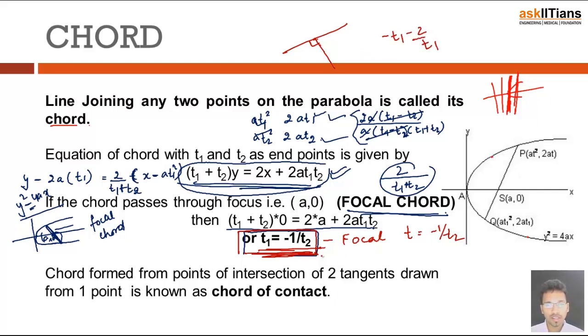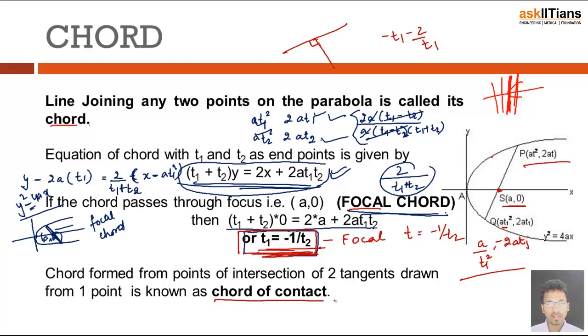Now if it's a focal chord, meaning passing through the focus S, then the other parameter will be a by t1 square, and the other point will be minus 2 a by t1. So these are the two extreme points, a very important result.